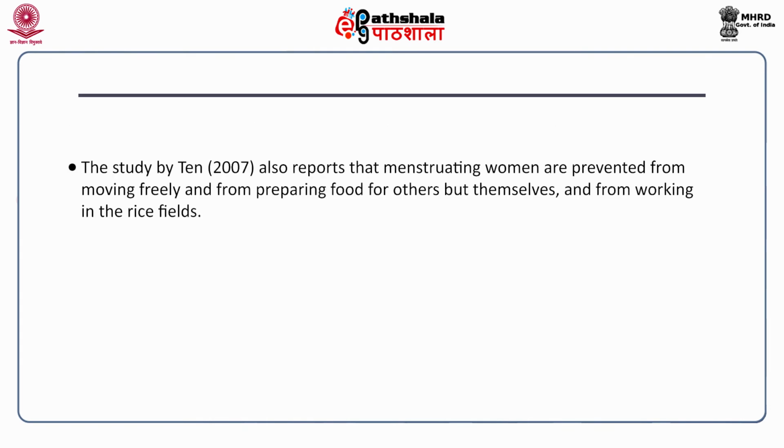The study in 2007 also reports that menstruating women are prevented from moving freely, from preparing food for others but themselves, and from working in rice fields. Another study, this time of a people in Suriname on the northern coast of South America, shows an even higher degree of exclusion than the first mentioned examples.